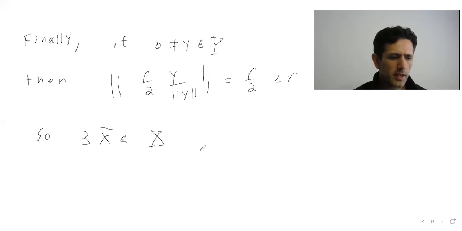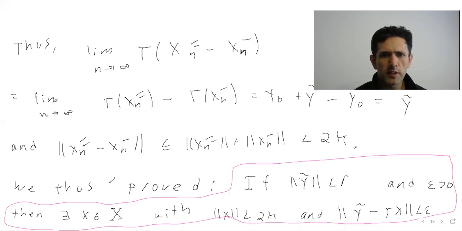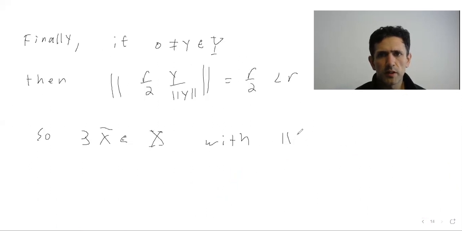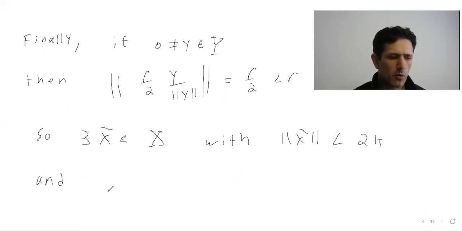So there exists x tilde from what we just proved. Not quite the x I want, but there exists an x where this is true. Well, norm of x tilde is less than 2k. But again, I'm going to use epsilon, r epsilon over 2 norm of y.